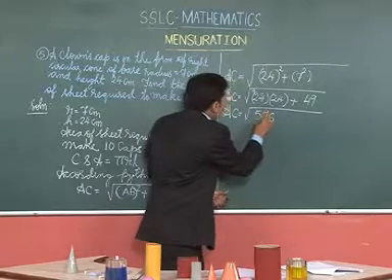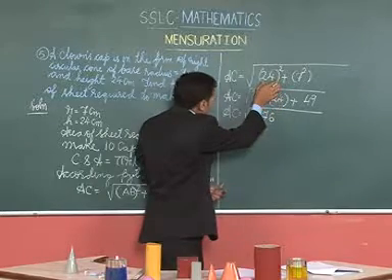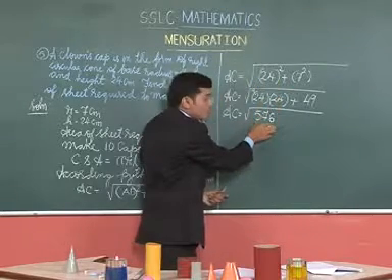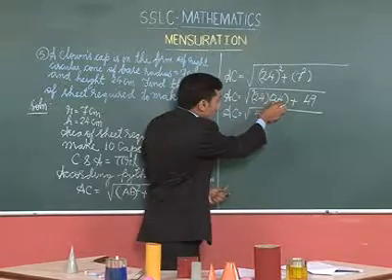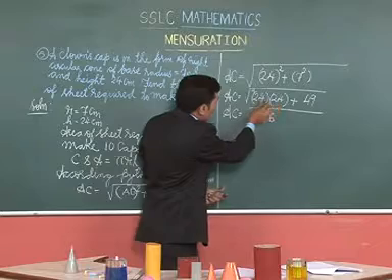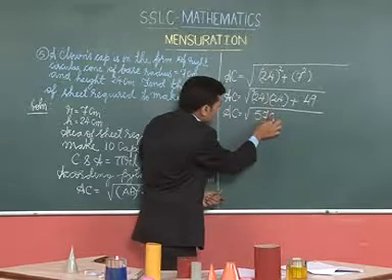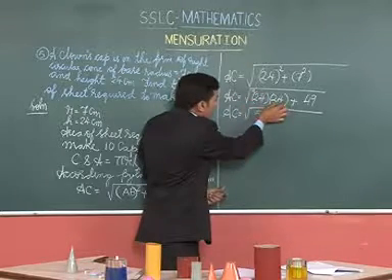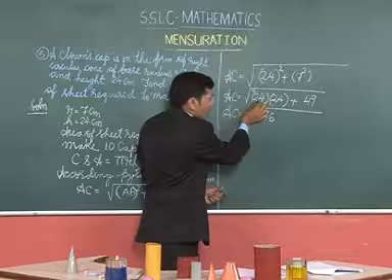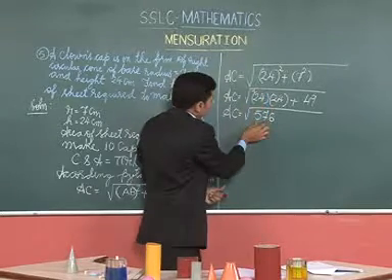So for 24 into 24, which is 24 square, the value is 576. I repeat this step again. 24 into 4 is equal to 96, so 6 I have written here and 9 I have carried. Now 24 into 2 is 48, and 48 plus 9 gives you 57.